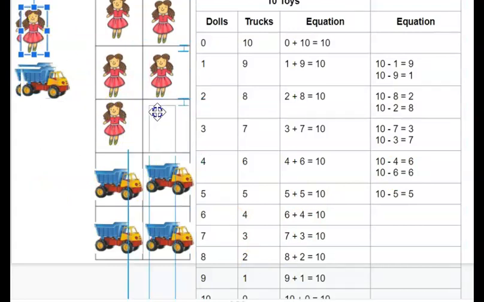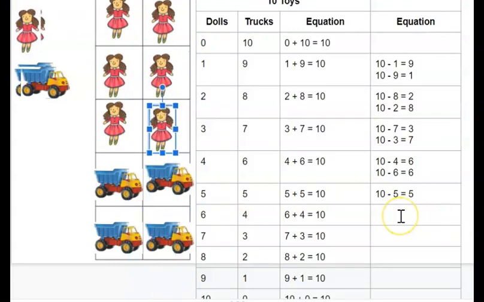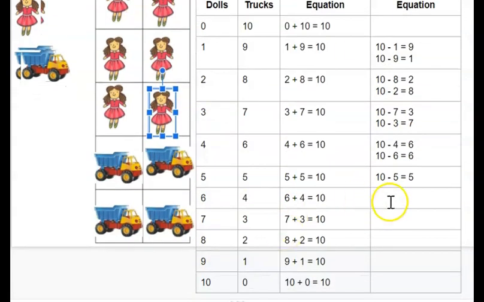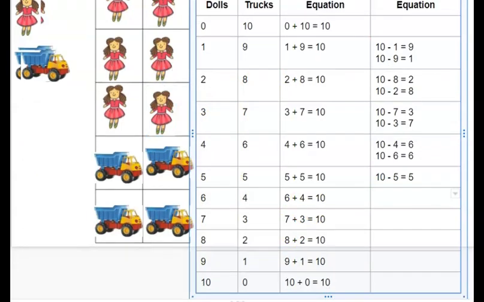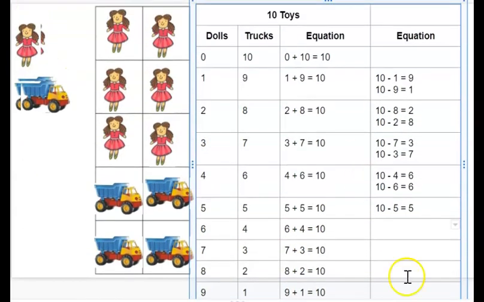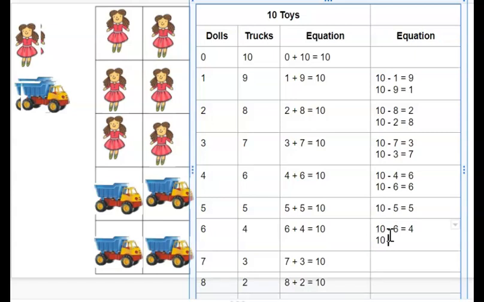Now let's look at 6 and 4. If I have 6 and 4, I know that 10 minus 6 is equal to 4, and I also know 10 minus 4 is equal to 6.